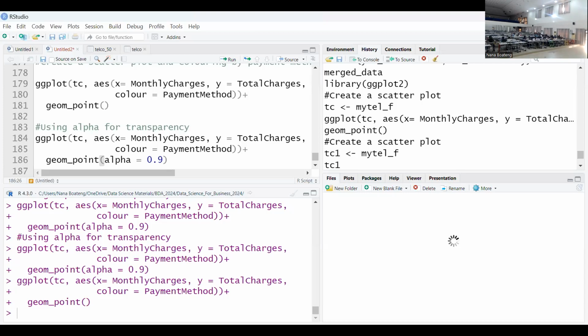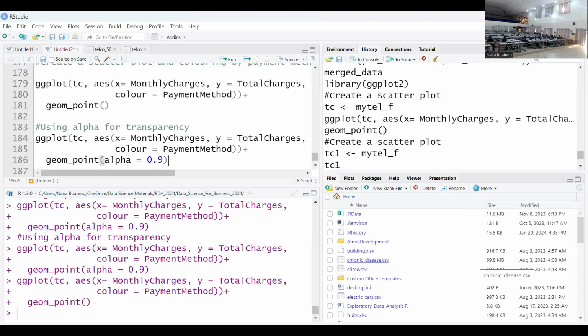So the name we are assigning for the plot. No, we use the cheat sheet. It's the first one, 1 and 4. This one, we are going to give it a name.